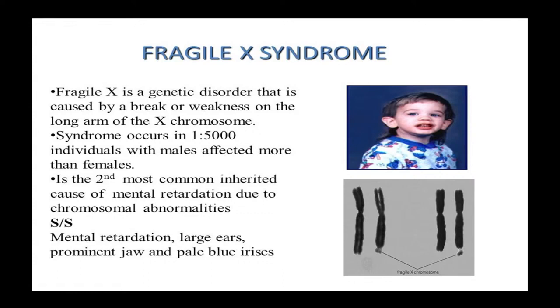The frequency of this syndrome is 1 case per 5,000 newborn children, and males are affected more often than females. It is the second most common inherited cause of mental retardation due to chromosomal abnormalities. The specific symptoms are mental retardation, large ears, prominent jaw, and pale blue irises.